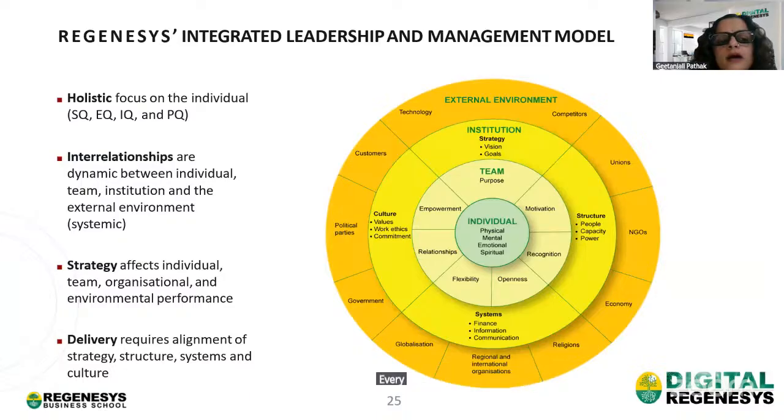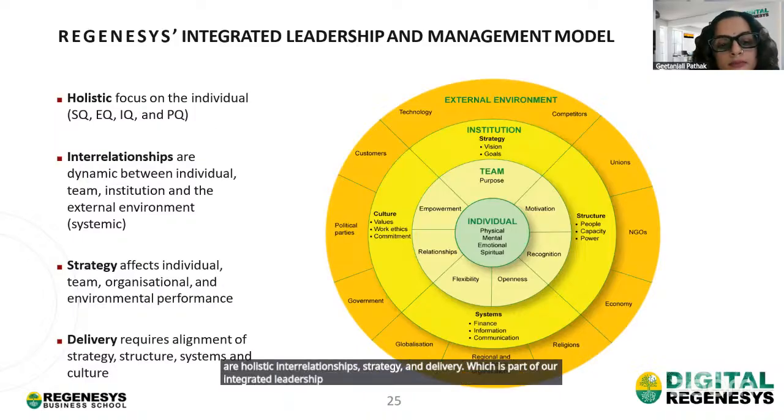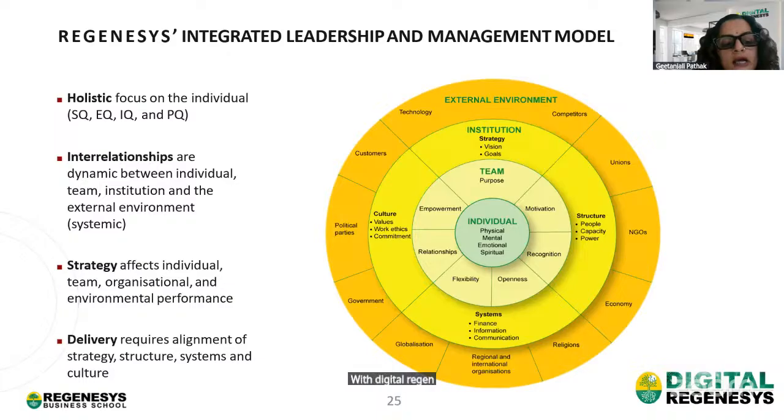Every time we speak about it, we always talk about our holistic interrelationships, strategy, and delivery, which is part of our integrated leadership and management model, where we are trying to create magic with Digital Regenesis under our Regenesis Business School.